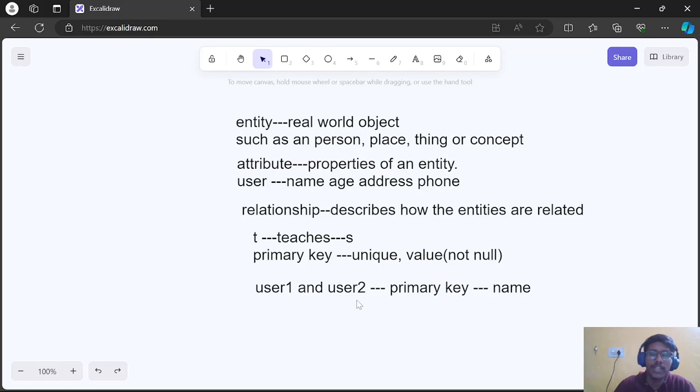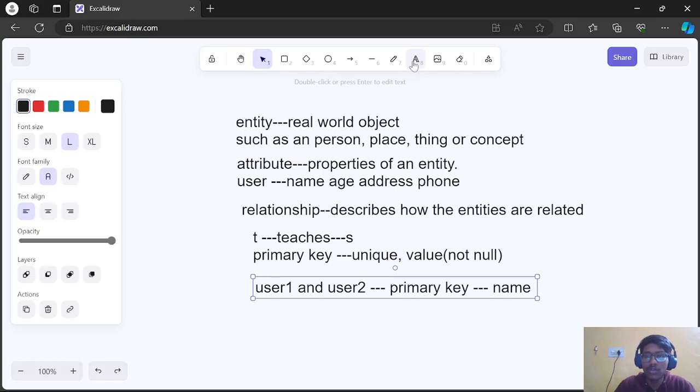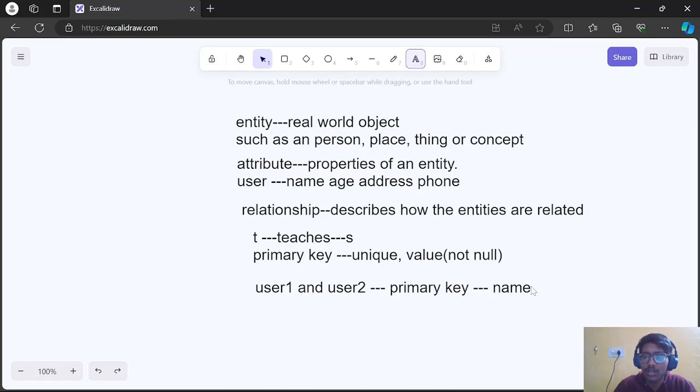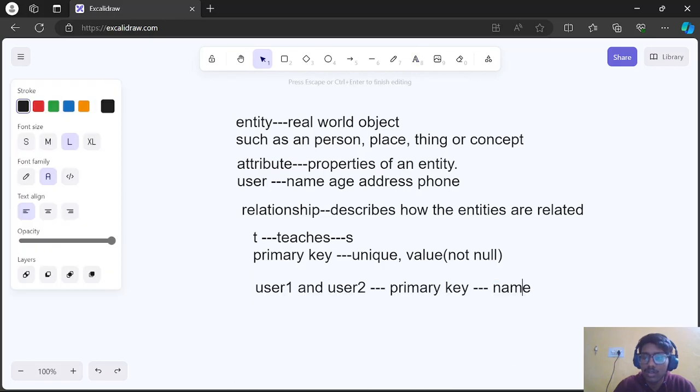So in this case the primary key is the name, which is different for both users. Their names would be name 1 and name 2. Two users, two different names, and the name is a primary key. Their names are unique.